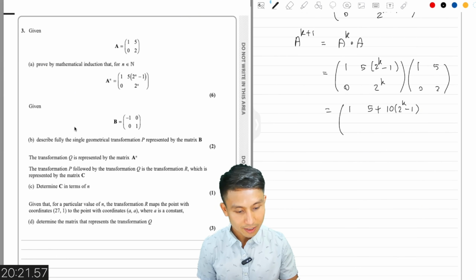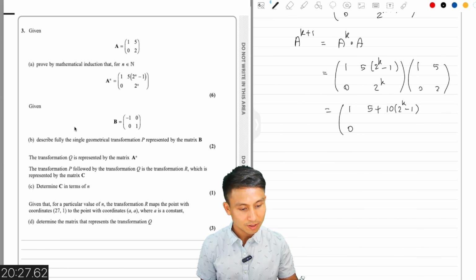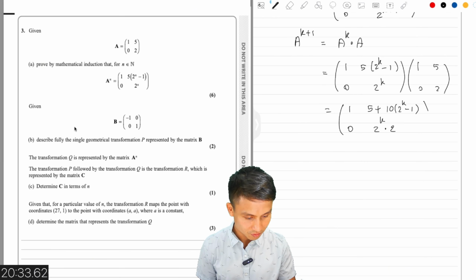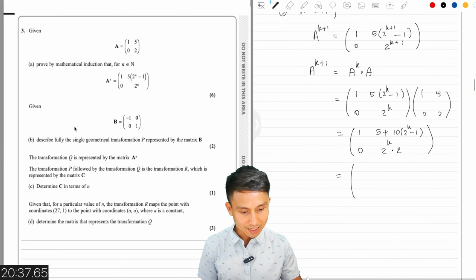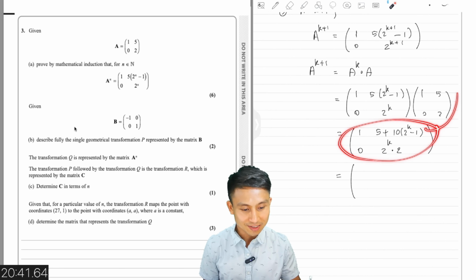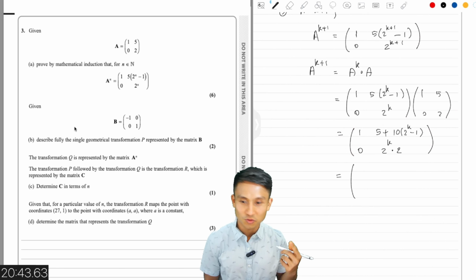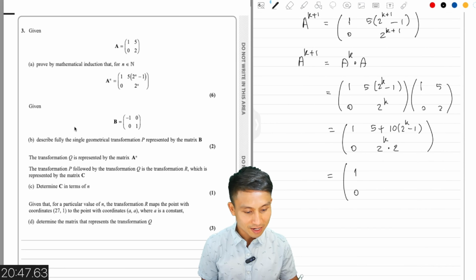And then 0 times 1 is 0. 2 times that is 0, so this is going to be 0. 0 times 5 is 0. 2 times that is 2 to the k times 2. If we simplify that, we expect this to be the same as that, because we are asked to prove that it works. So the first column is fine now.